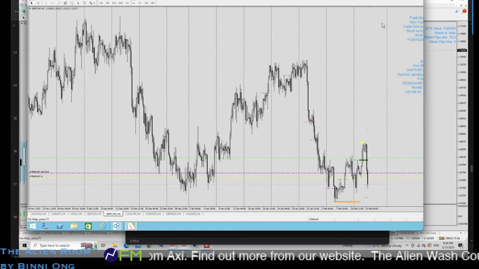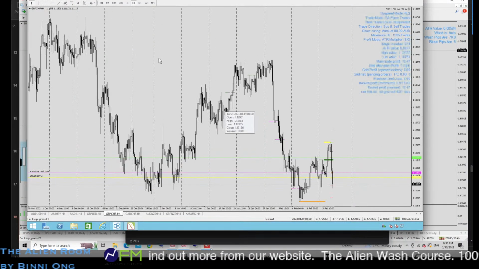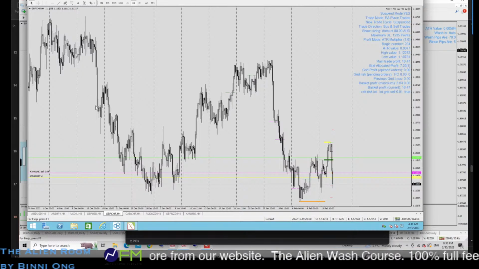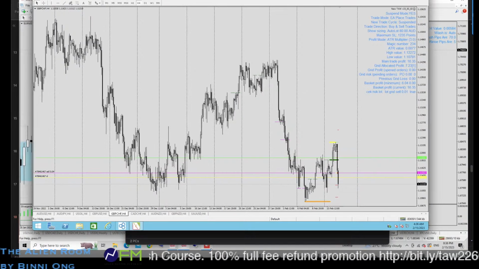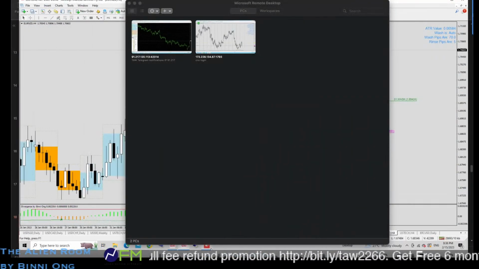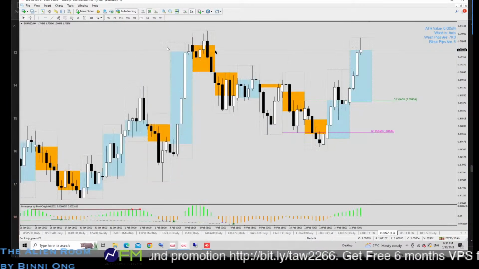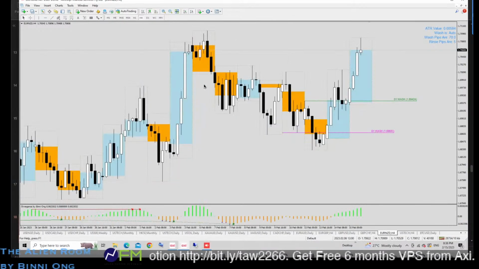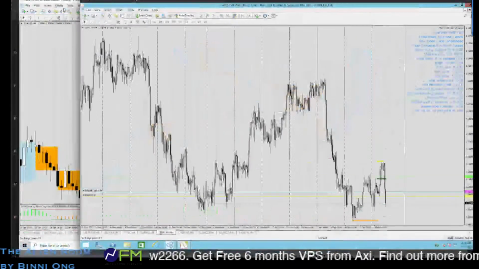I would see one more screen pop up, then I would see an MT4 here as if I am looking at another separate window. So this one is housed in my VPS. This one here, let me shift them, is housed in my mini PC, and all of them are remote access, so they appear to me like windows.